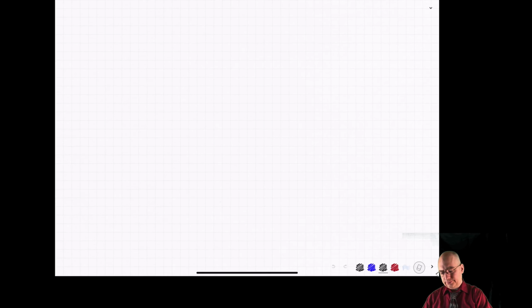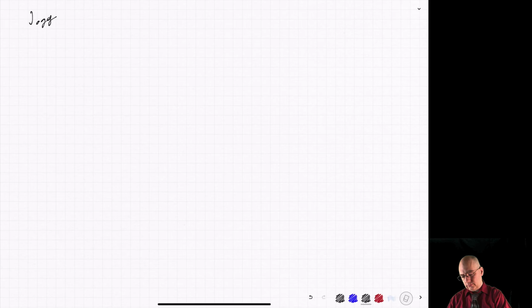So let's do a distance speed problem. We've got a jogger who runs 3 miles. So we're given the distance, 3 miles. And that's at some speed.